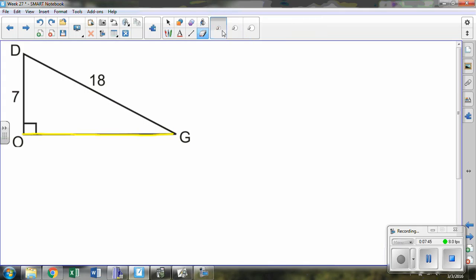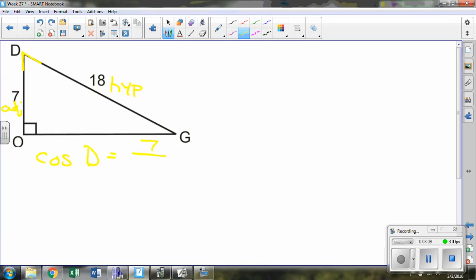Okay, so the question was raised, how would we get the angle? Well, please notice, if we're trying to figure out angle D, 7 is adjacent, 18 is hypotenuse, and so we could build it and say cosine of angle D is adjacent over hypotenuse. It's going back about a week, but we had a whole homework on this.